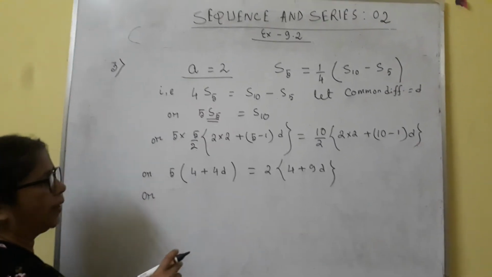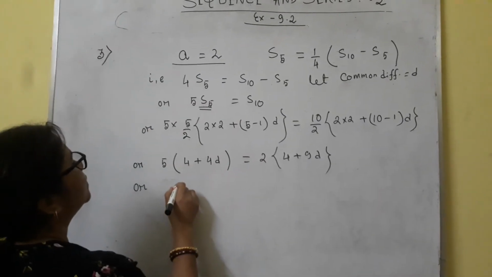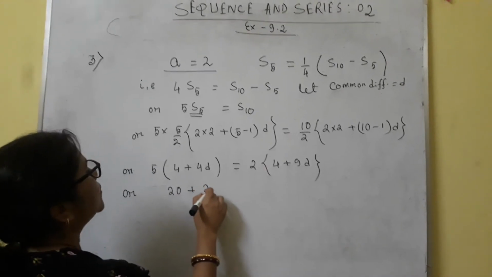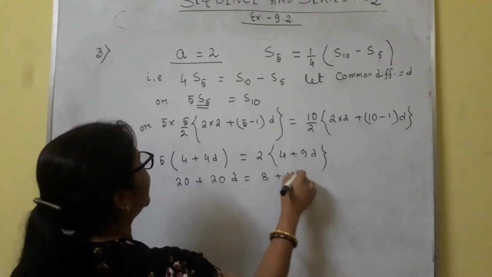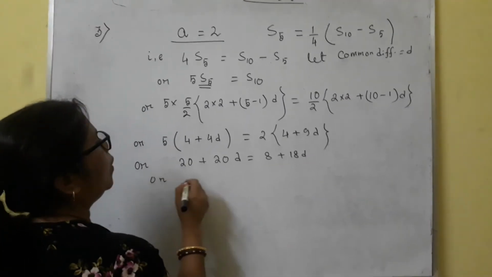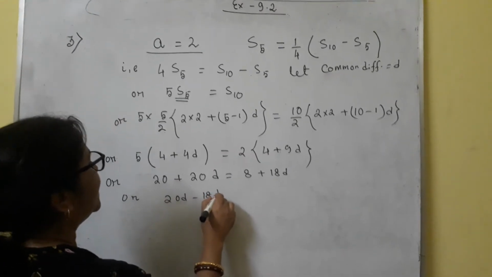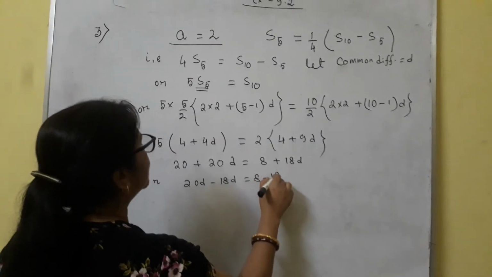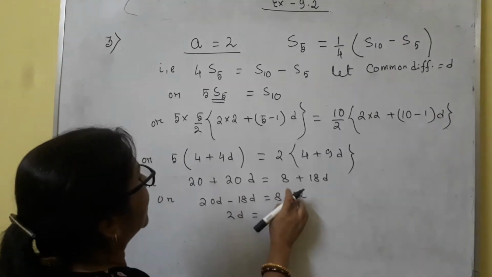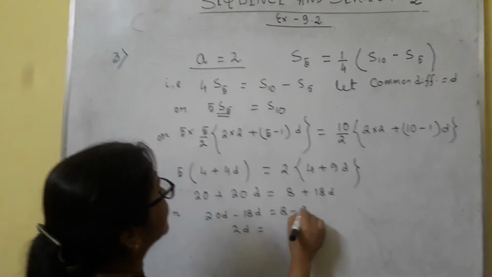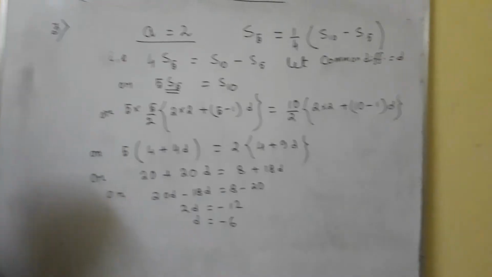Simplify and find the value of D. We get 20 plus 20D equals 8 plus 18D, or 20D minus 18D equals 8 minus 20. So 2D equals minus 12, and the value of D is minus 6.